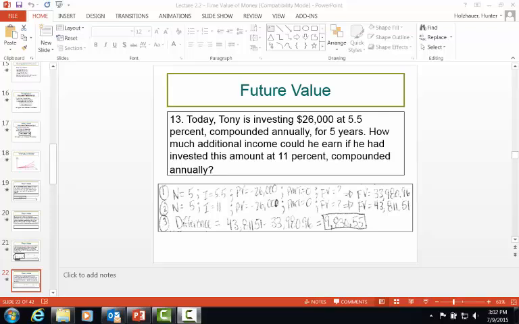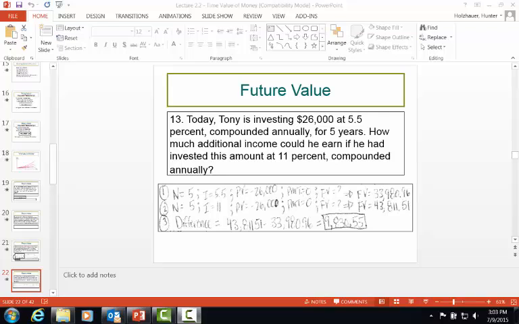I'd now like to go to slide number 13. Now let's look at one more future value problem, number 13. Today, Tony is investing $26,000 at 5.5%, compounding annually for 5 years. How much additional income could he earn if he had invested this amount at 11%? Okay, so now we get to look at what happens if you take more risk and invest at a higher interest rate.